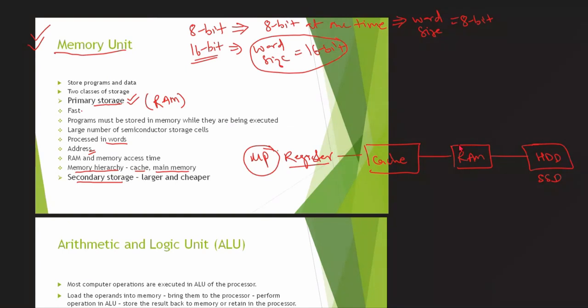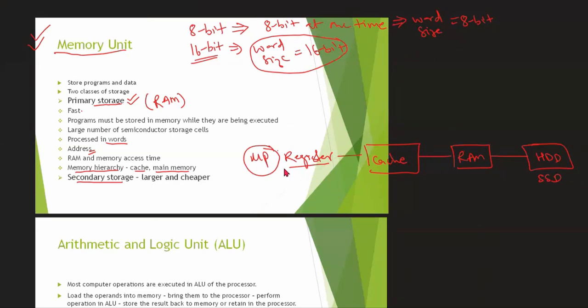Similarly, if the data is not in the RAM, it will go to the HDD. It will transfer the data from there to RAM, then from RAM to cache memory, then to registers, and then do the processing. So if the processor is going to do any processing, it is suitable to put the data into the registers.